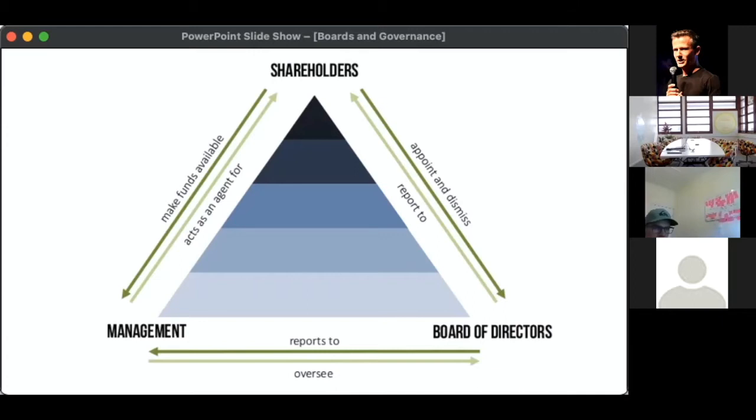So if we paint that out in a scenario, even though shareholders vote on who the directors are, you might have an investor who only owns 10% of the company, but they're guaranteed to be able to appoint one director. So in that case, not all shareholders are equal.